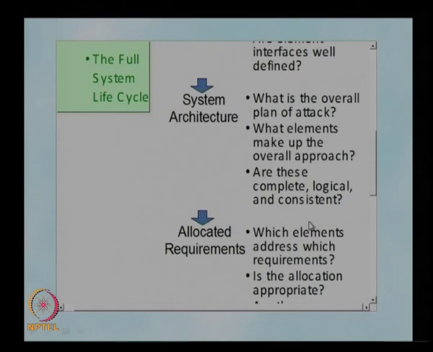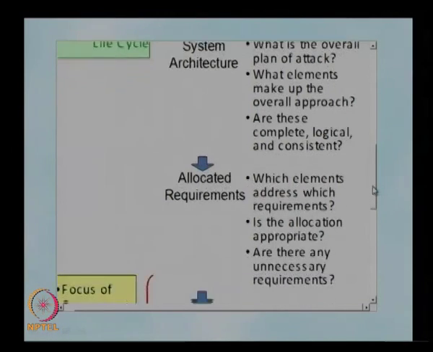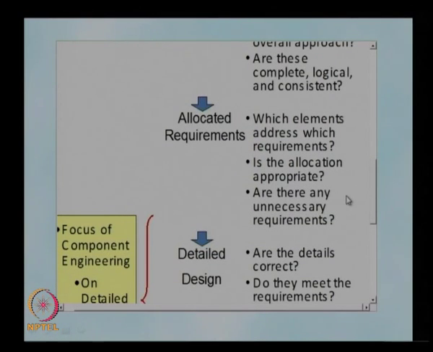And then we go for the allocated requirements. Since we have many requirements and many systems, we have to allocate these requirements amongst the system components. We will try to see which elements address which requirement, so we do a mapping of the requirements to the components or the physical structure, to identify which elements address a particular requirement identified by the customer.